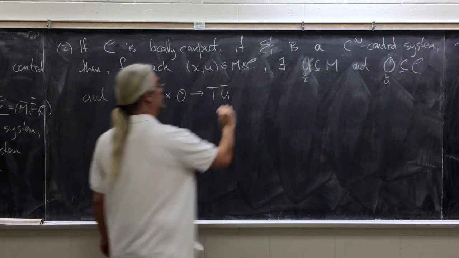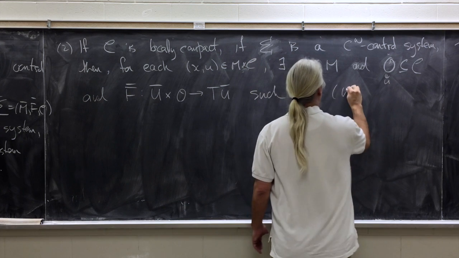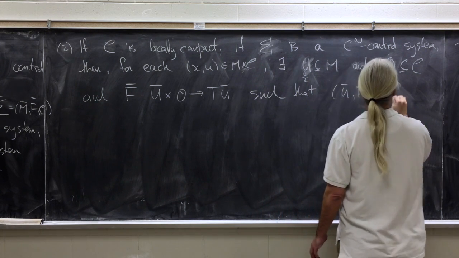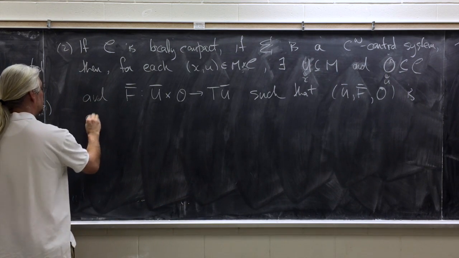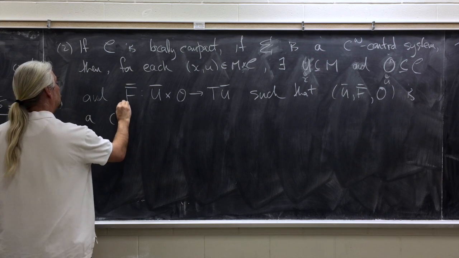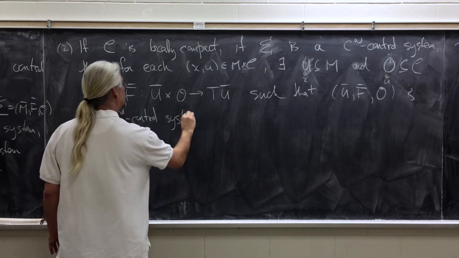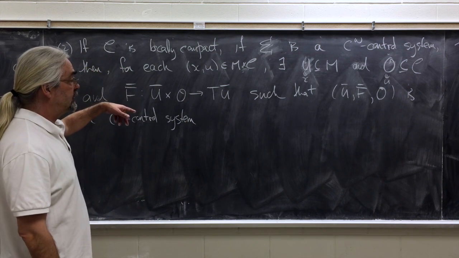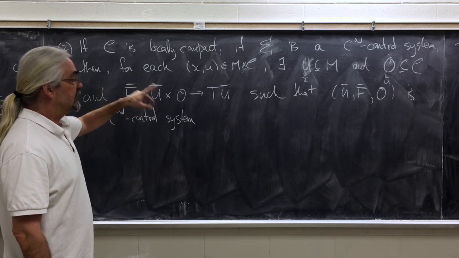Okay, such that U bar F bar O is a holomorphic control system. Okay, and when you restrict it to U, it's C omega.